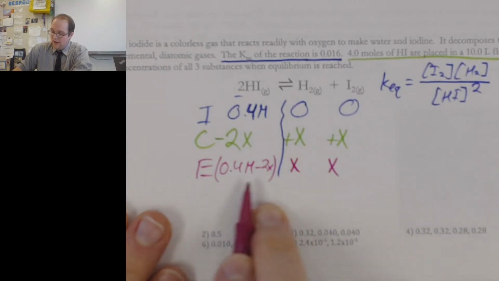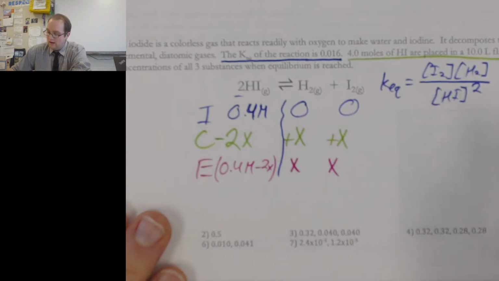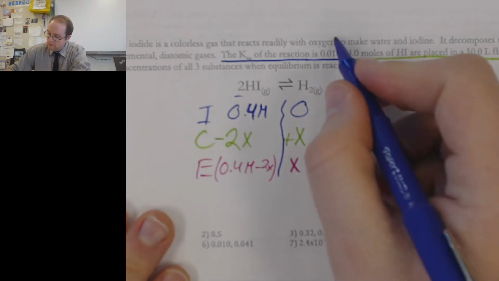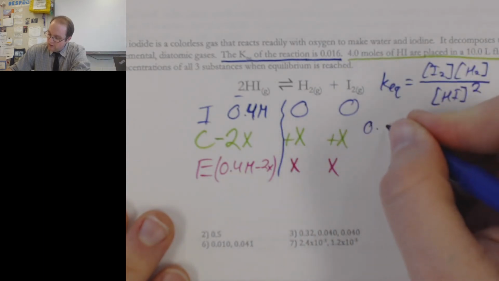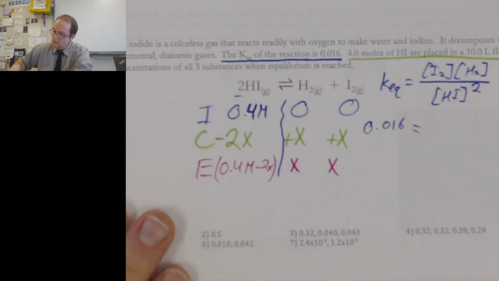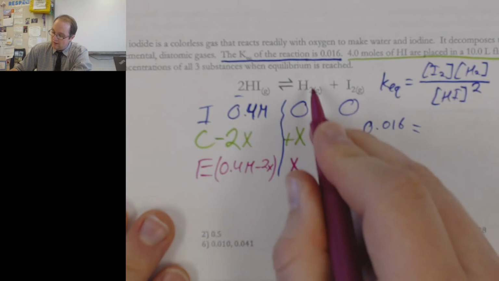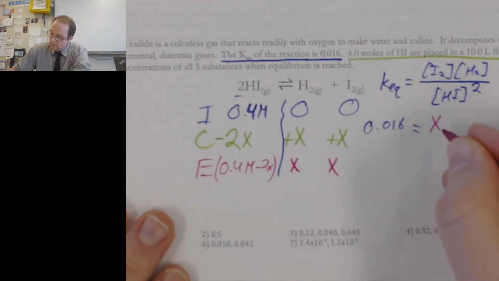So you might be wondering, how the heck are we going to solve for this? And that's why we wrote this handy dandy equation up here earlier. We're going to plug in all of our values we know. We know our KEQ value is 0.016, and that is equal to these. I'm going to plug in for each of my values. My I2, we found that was an x.